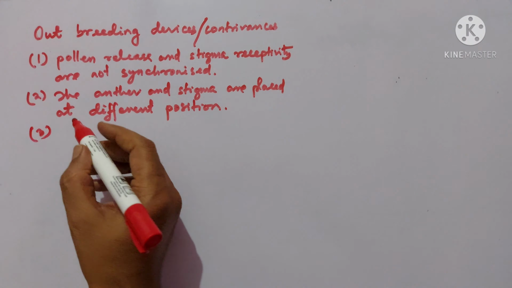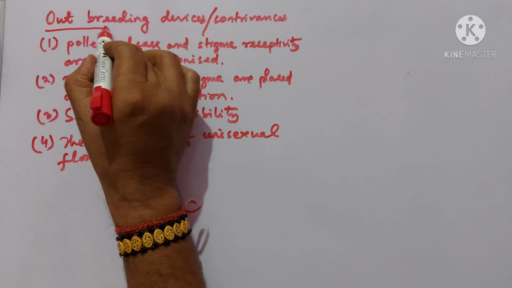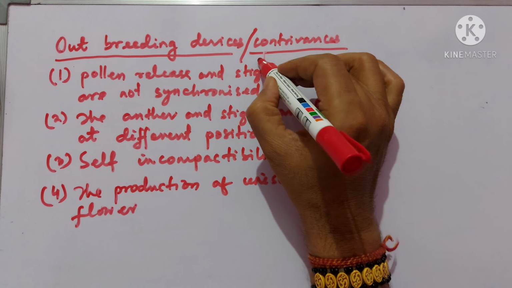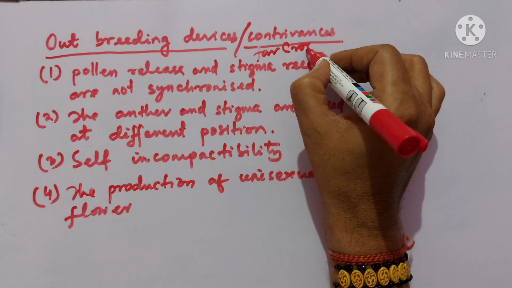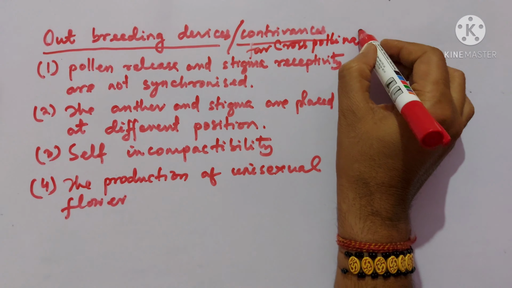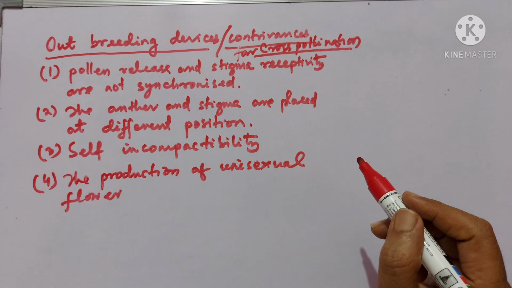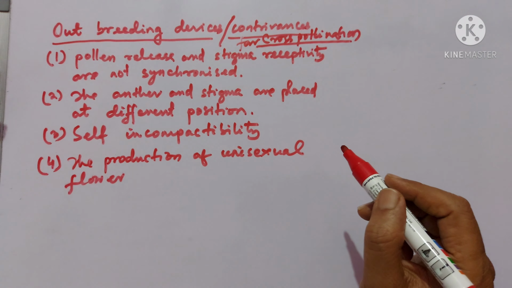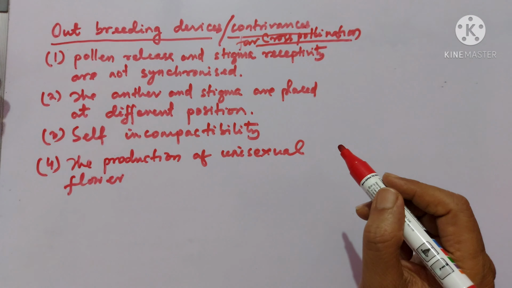So we will discuss one by one the outbreeding devices or the contrivances for cross pollination. So what does it mean? That means the nature also discourages the self-pollination process and encourages the cross-pollination, and this is clearly marked by the distinctive adaptation by the plant structures.